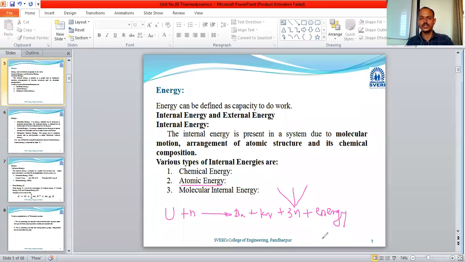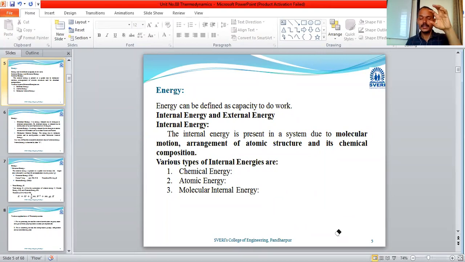Okay, so this comes under the atomic energy. And now the third one is the molecular internal energy.